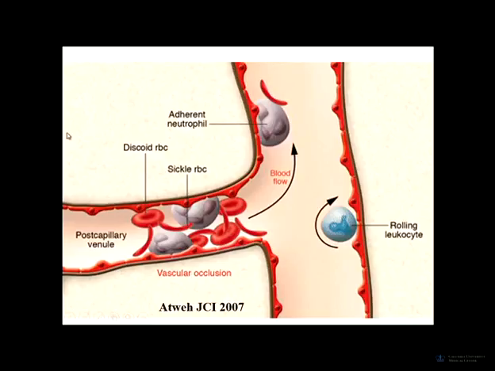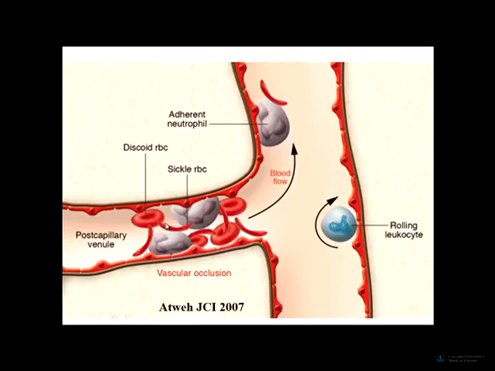Okay. The primary clinical manifestation of sickle cell disease is vasoocclusion. So the main thing that happens is a plugging up of the blood supply to various organs. And this is initiated in the postcapillary venule. What happens is that these sickle red blood cells stick to the postcapillary endothelium, which is not seen in normal hemoglobin A cells.